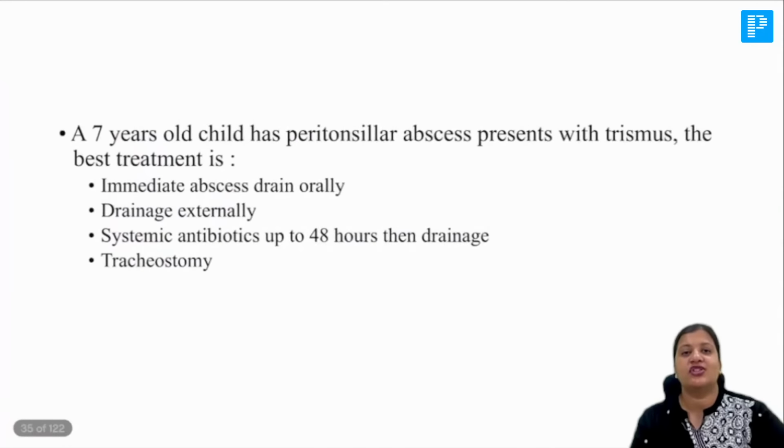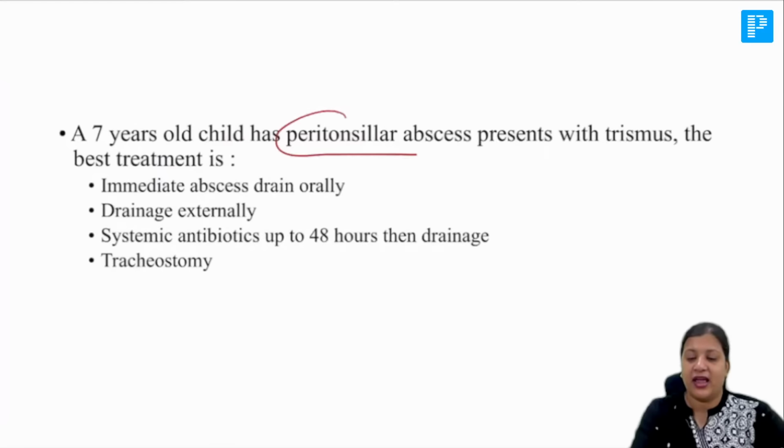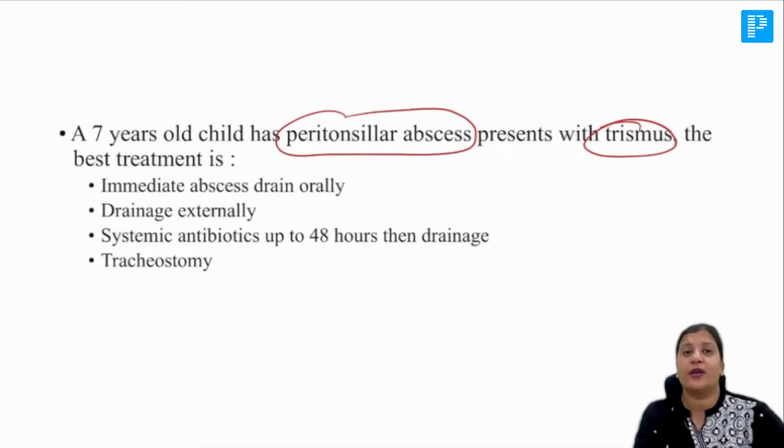Now let's go to the next question. A 7-year-old child has a peritonsillar abscess and presents to you with trismus. The best treatment is: immediately drain the abscess orally, drain externally, systemic antibiotics up to 48 hours and then drain it, or tracheostomy. The patient already has an abscess and trismus, difficulty in opening the mouth.